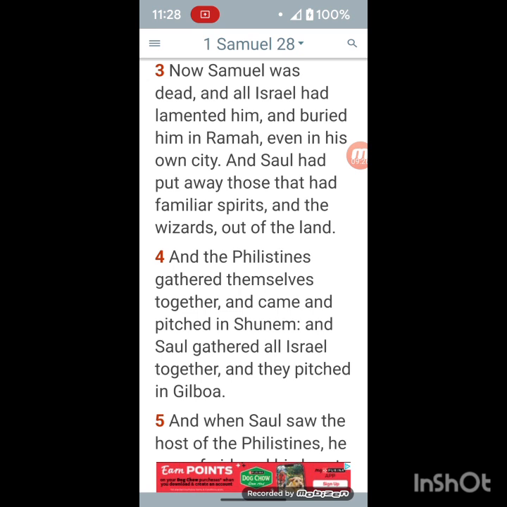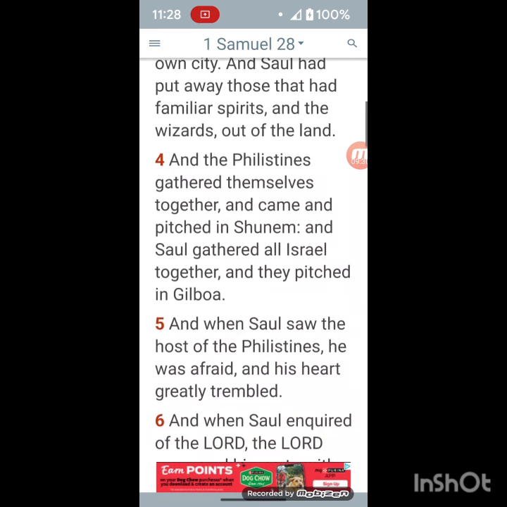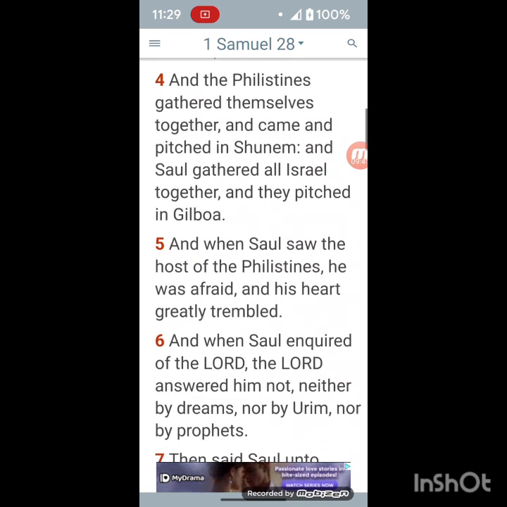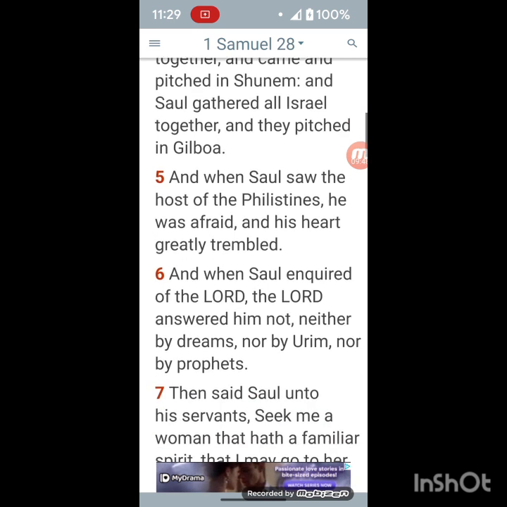He did that. Verse 4, and the Philistines gathered themselves together and came and pitched in Shunem, and Saul gathered all Israel together, and they pitched in Gilboa. And when Saul saw the hosts of the Philistines, that's the armies, he was afraid, and his heart greatly trembled.